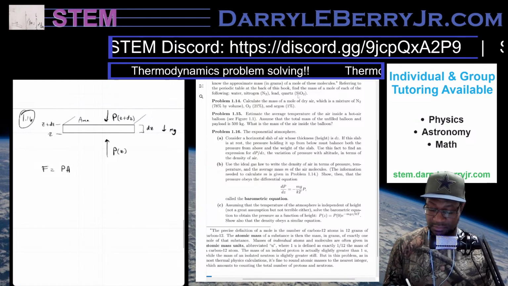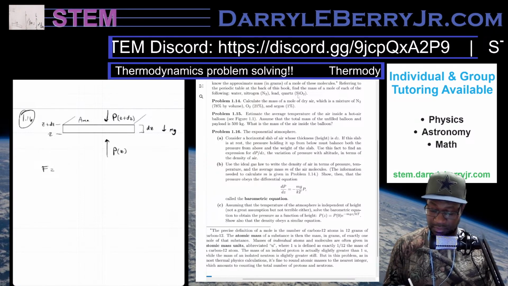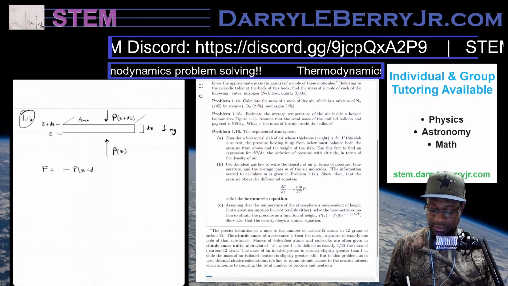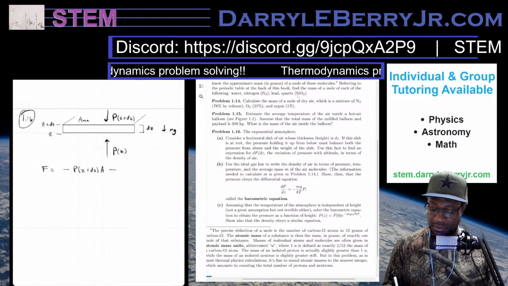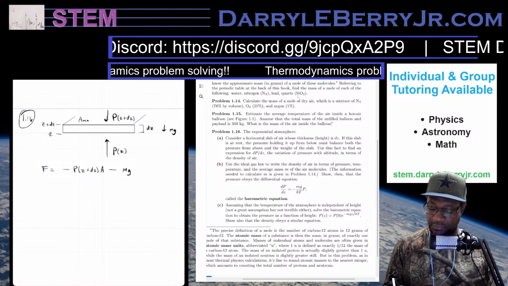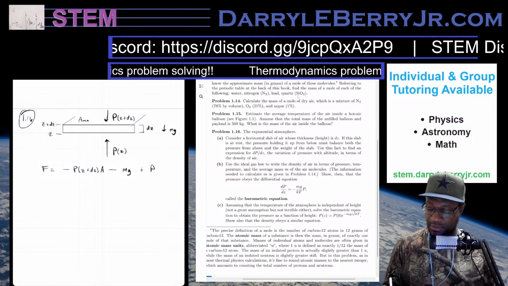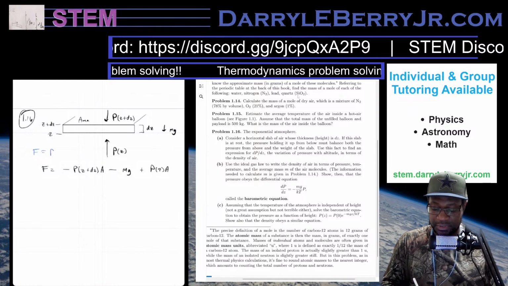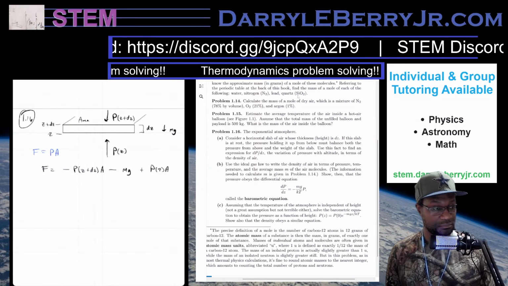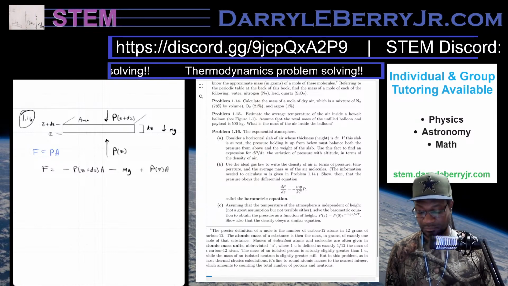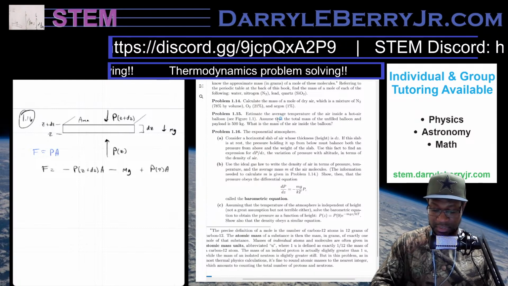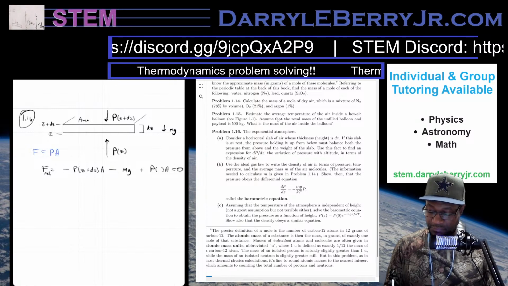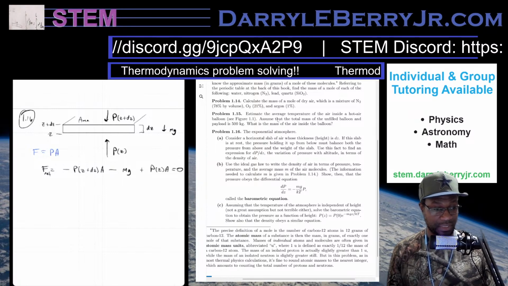So force equals negative P(z+dz)A minus mg plus P(z)A. That's because when it comes to pressure, force is pressure times area. This is F net. All of these must balance or equal 0. So we have this as our force equation, like Newton's laws.